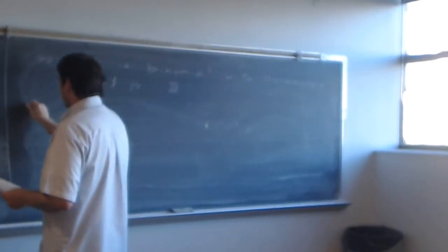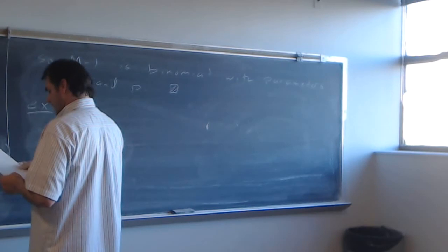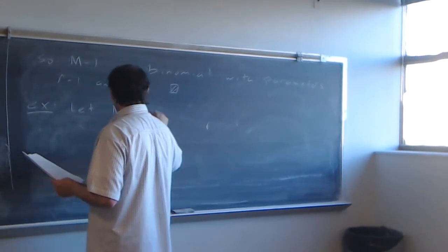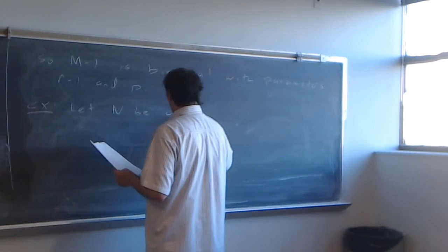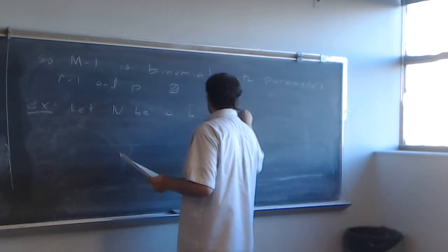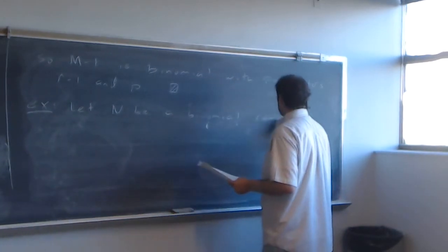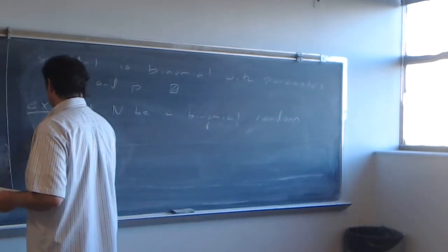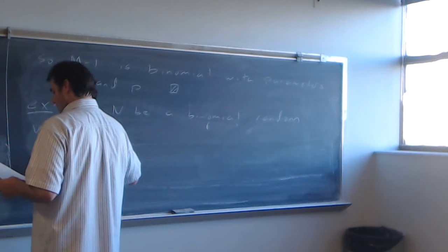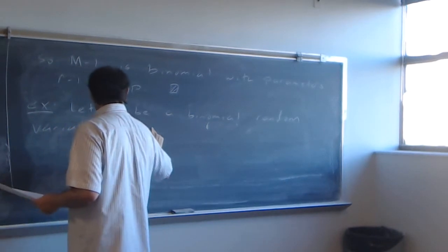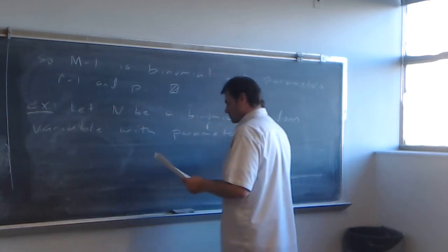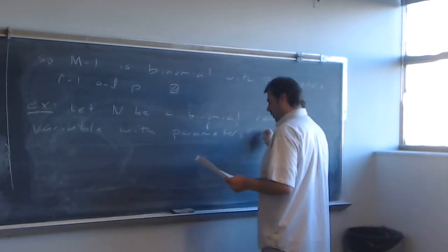It's a little bit more complicated than the previous one. I'll go through all the details. So here, let n be a binomial random variable with parameters r and p.